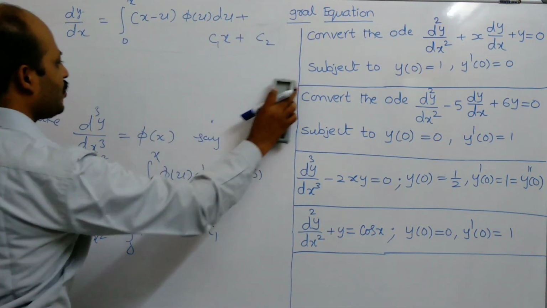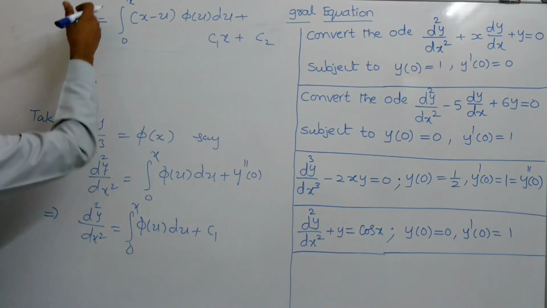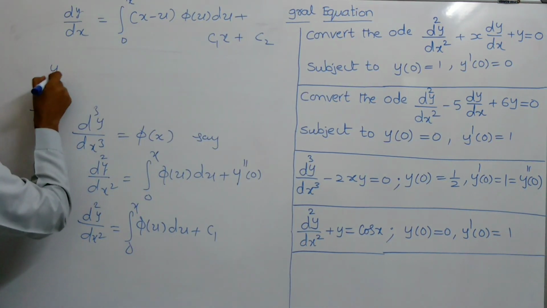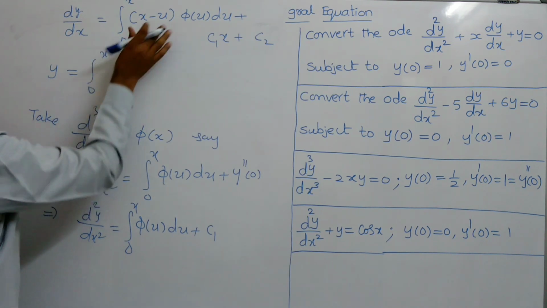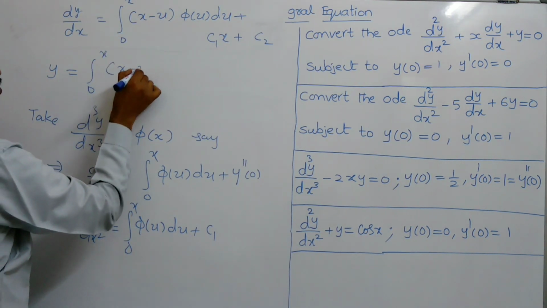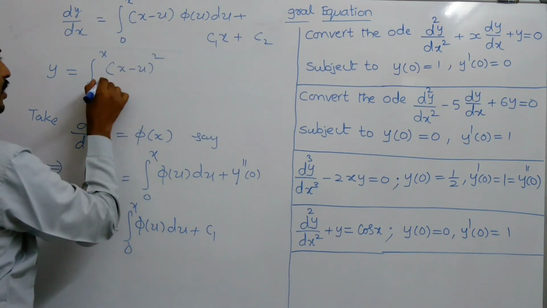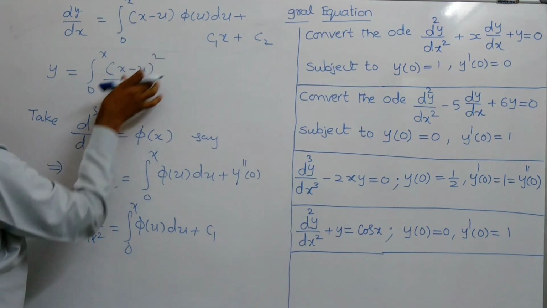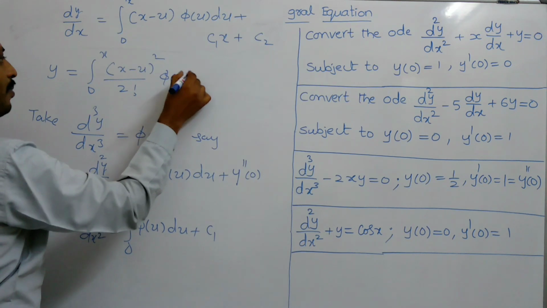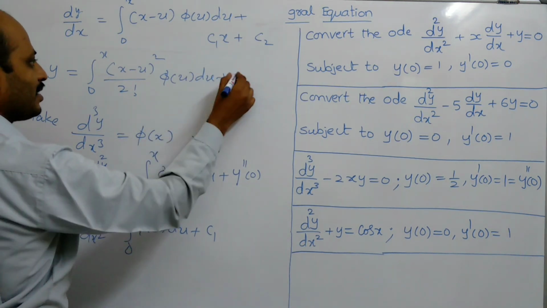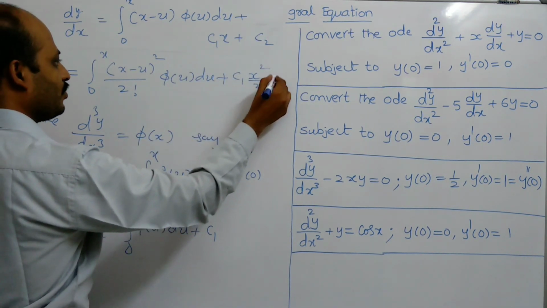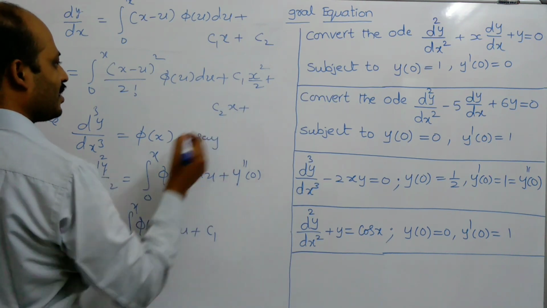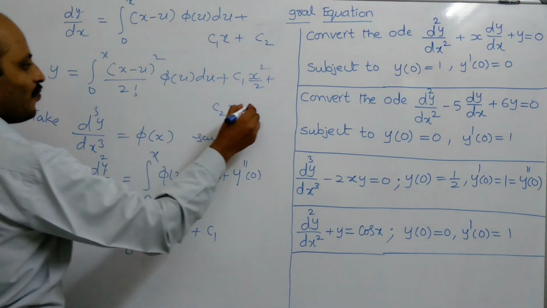Again, let us reduce this from first order to the function y, integral 0 to x. This term x minus u becomes x minus u whole square by 2 factorial phi of u du plus C1 x square by 2 plus C2x plus y of 0.